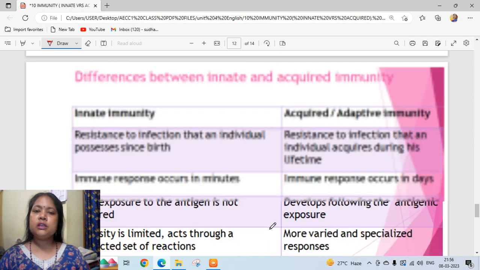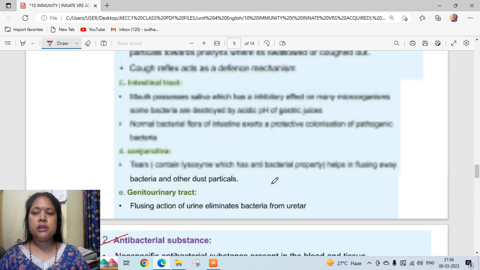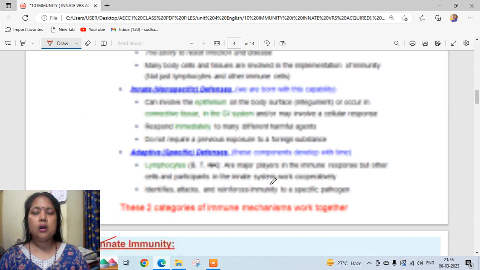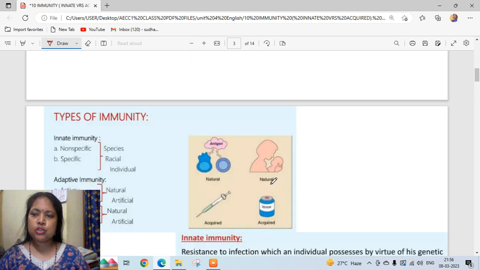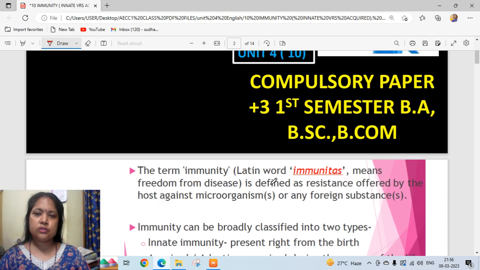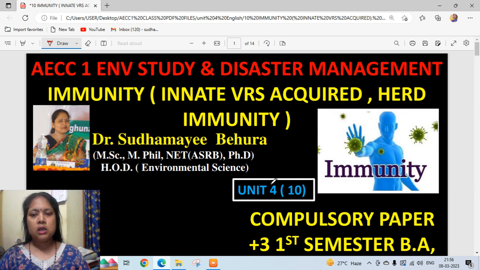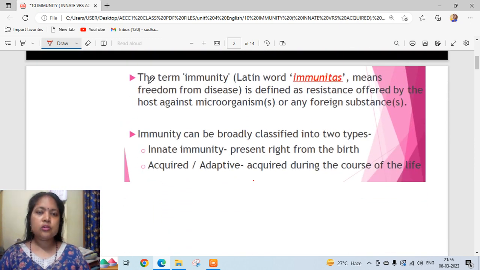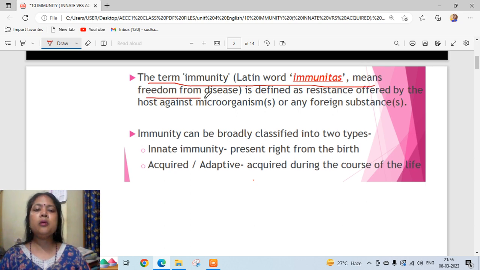Okay, so let us discuss in detail, and this discussion will help you to attend a long question or a short answer type question in your examination. So now let us see. The term immunity is derived from a Latin word, immunitas, meaning freedom from disease.